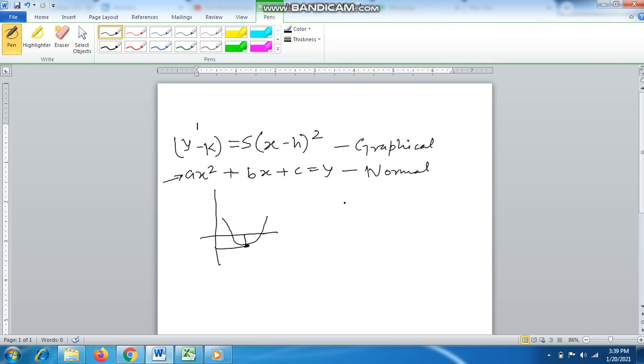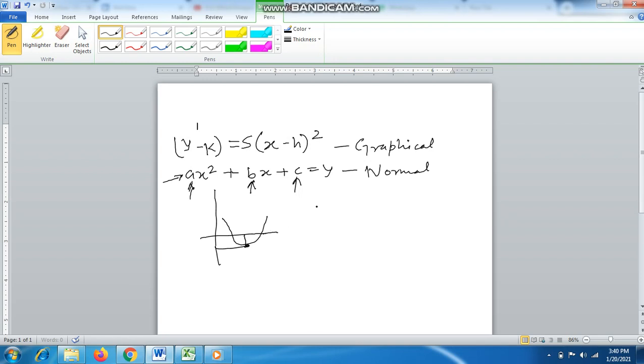Now, how do we convert the graphical equation to the normal one? Basically, I'm just trying to understand how the shape of the parabola is affected by each of these coefficients, the a and b here, and how these coefficients affect the shape of the parabola.